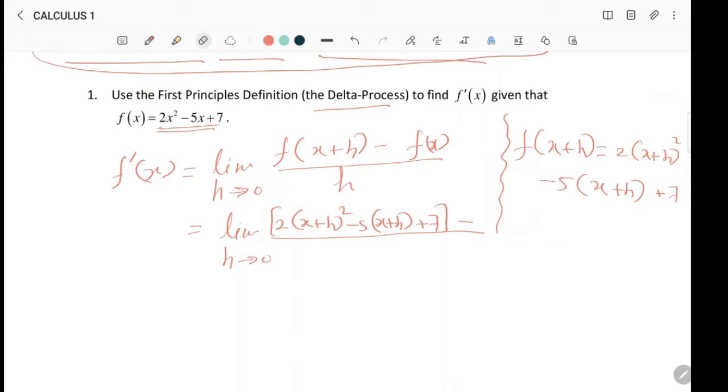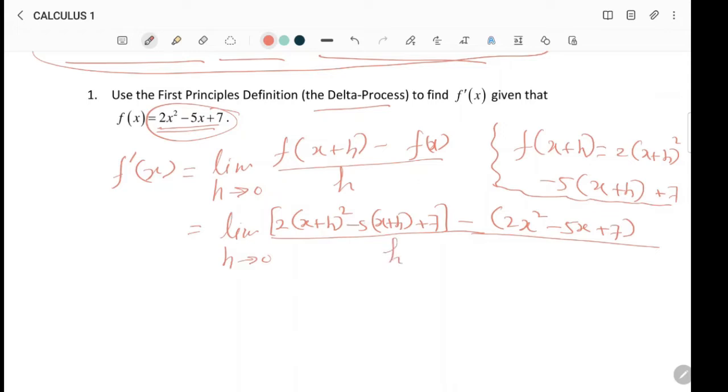Now minus f of x. f of x is this, 2x square minus 5x plus 7. Okay, and over h. So this question now became for this simplification or calculation. Okay, limit h tends to 0. Now we can expand that. So this is 2 and x plus h whole square.